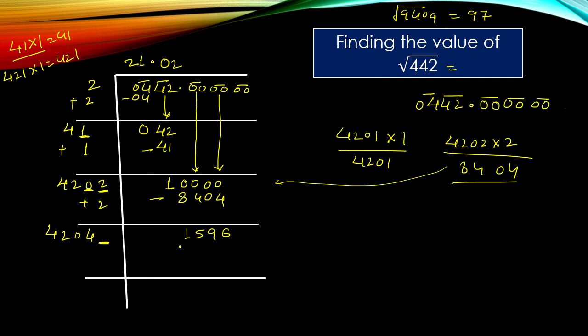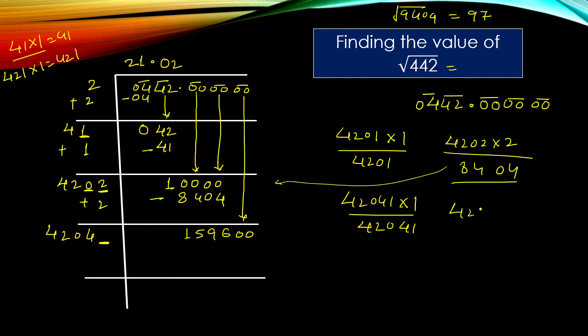Now the number is 1596, bringing down the pair of zeros, and now putting 1 here, the number becomes 42041. Multiplying the number by the same digit 1, we get 42041. This is very small compared to this number, so we put 2 or 3; we are trying to put 3 right now.